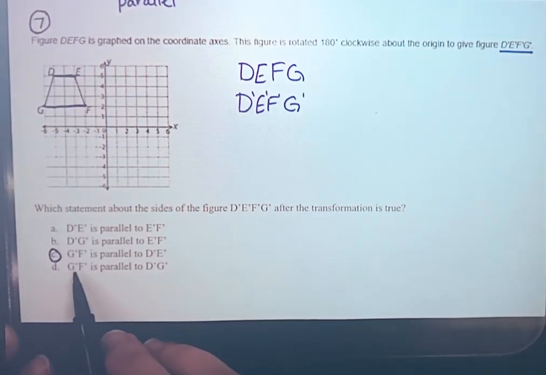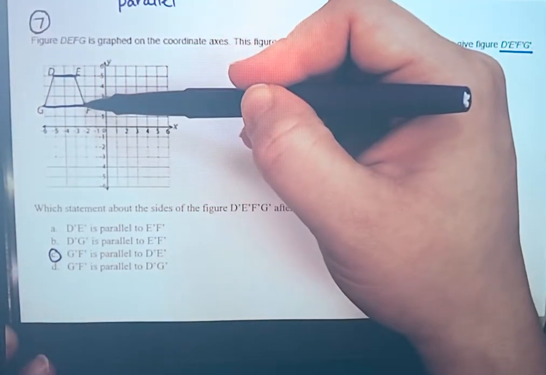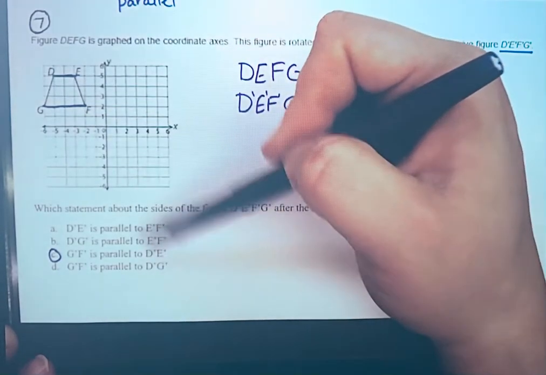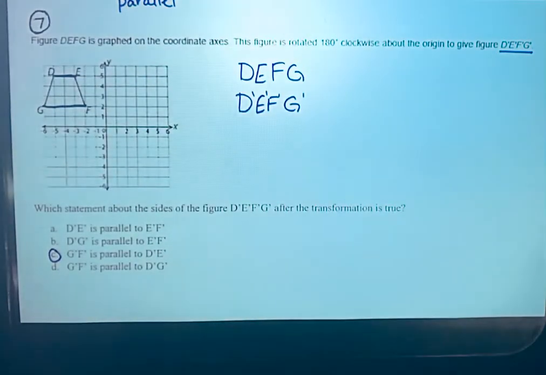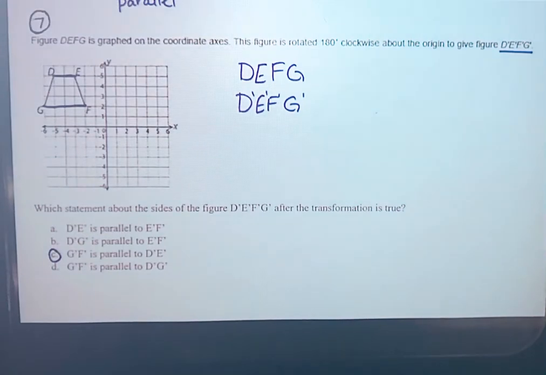And then GF is parallel to DG. That is not true. So really, you don't have to rotate this problem at all. You just have to check and make sure that they are parallel to begin with before you start. And if they're parallel at the beginning, they're going to be parallel at the end. Just like your angles don't change, your measurements don't change when you're rotating something, your parallel lines don't change either.